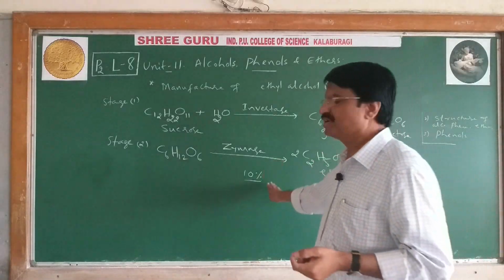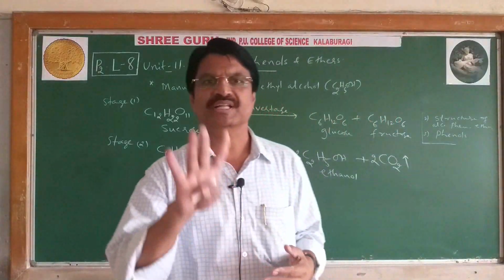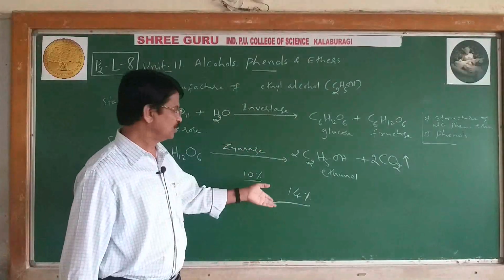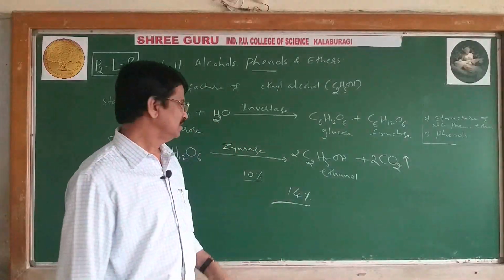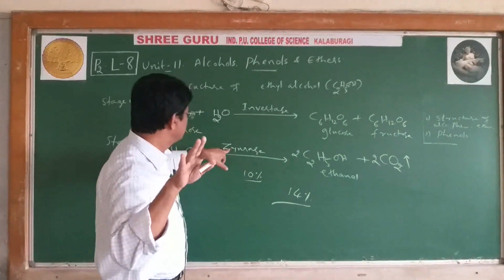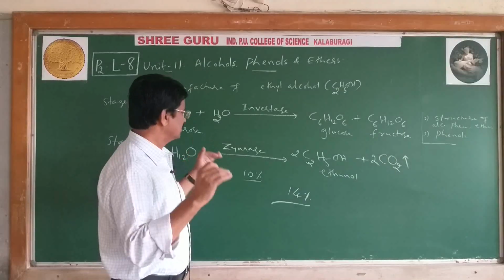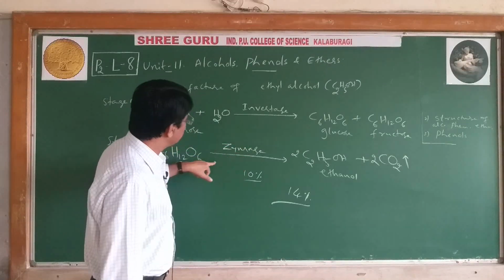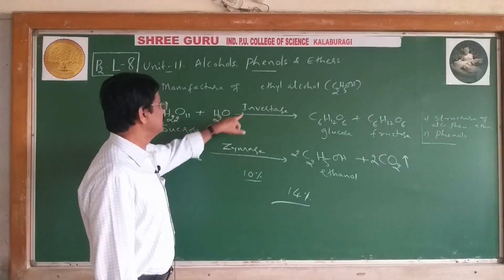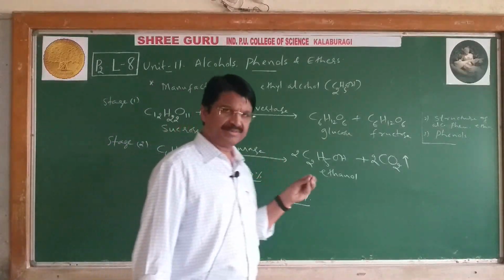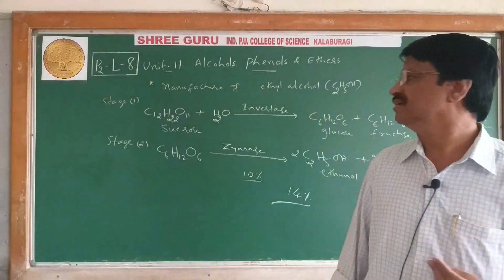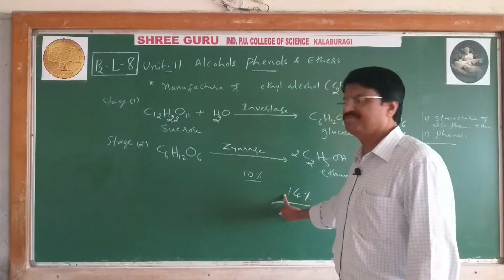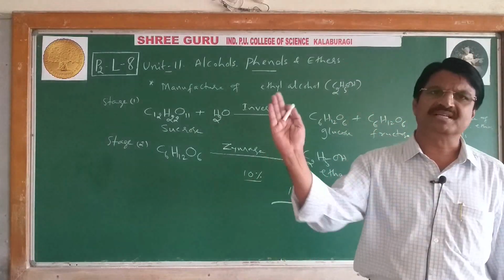If the percentage of alcohol exceeds 14%, the activity of the enzyme, whether zymase or invertase, decreases. To maintain the activity of the enzymes, the percentage of alcohol should be less than 14%.